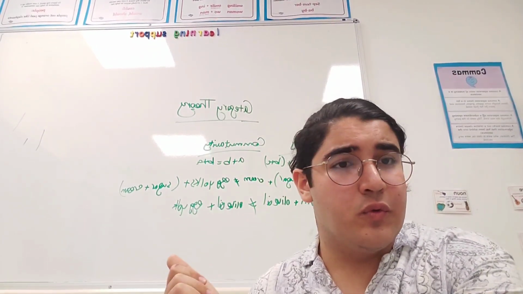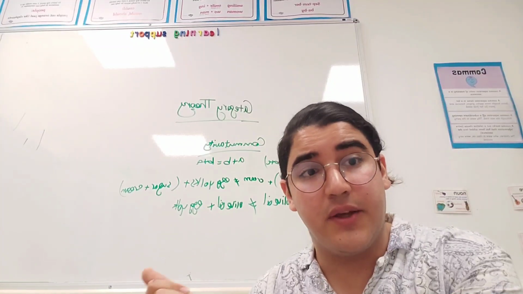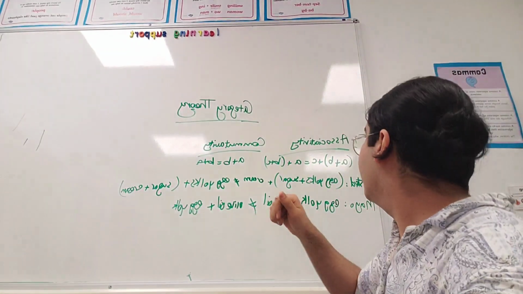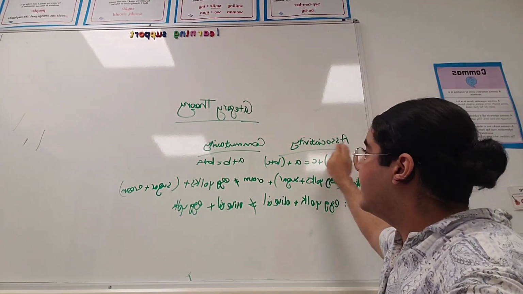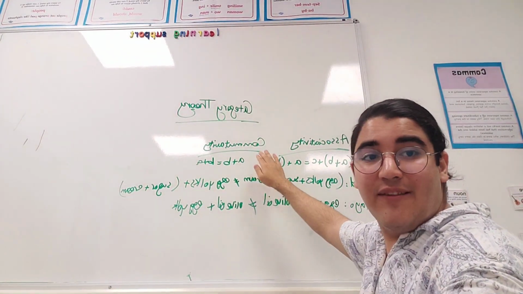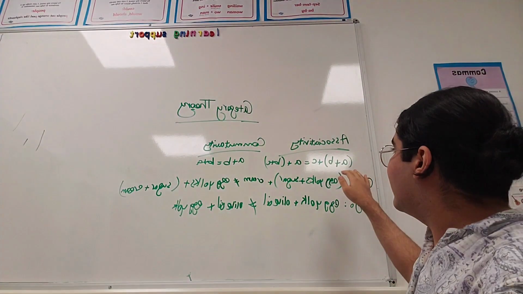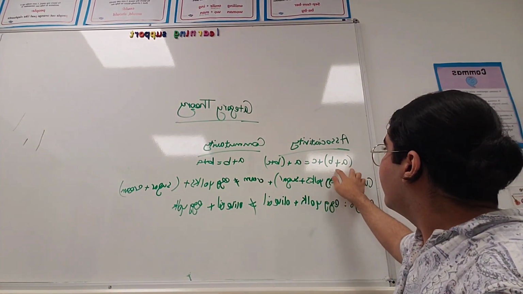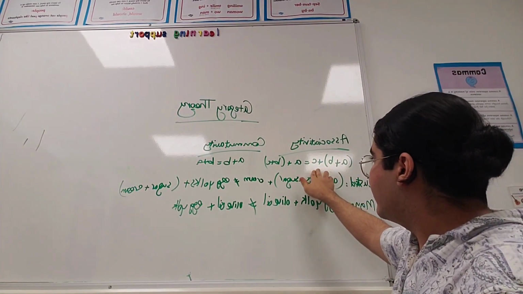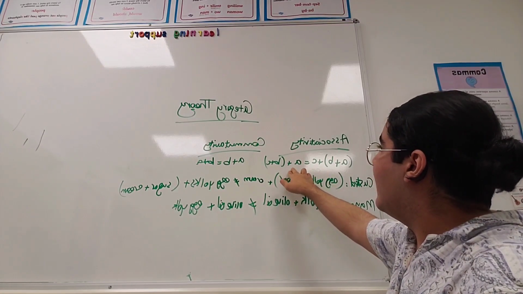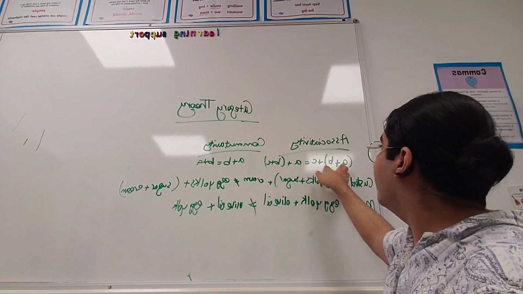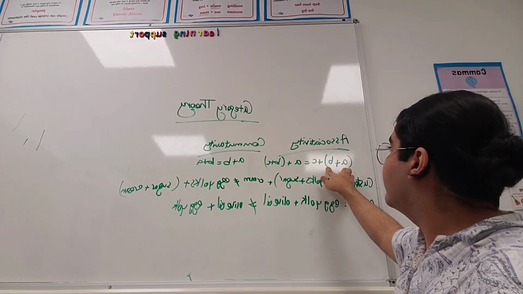Let us explore 2 rules in category theory and also group theory. First one is associativity and commutativity. We have come across these a lot in school maths, but it's good to look at them here again. We say that (a plus b) plus c is equal to a plus (b plus c), with different places of the parentheses.